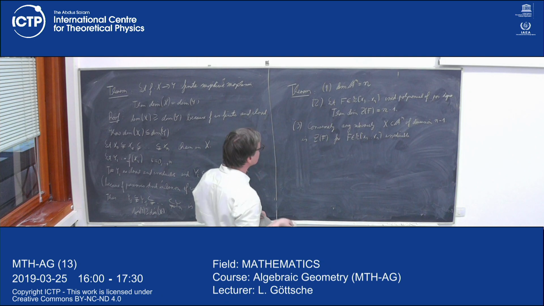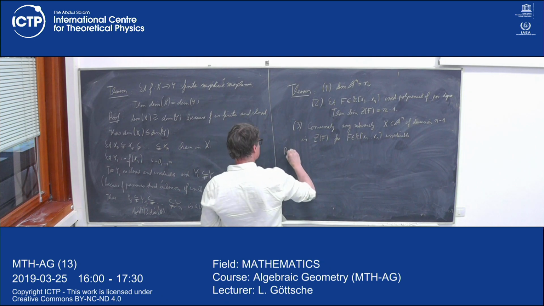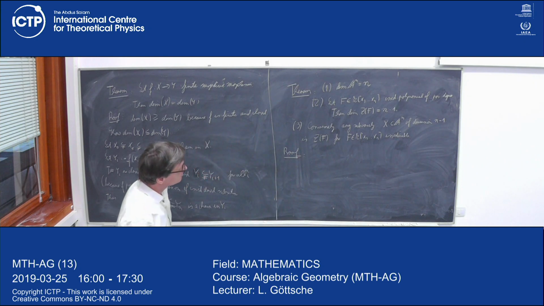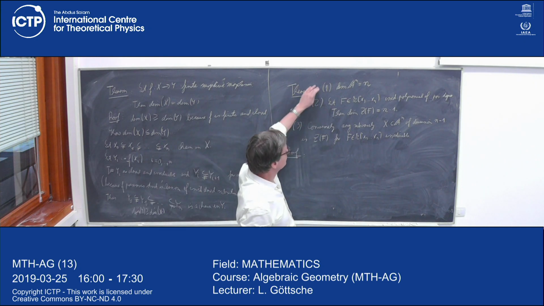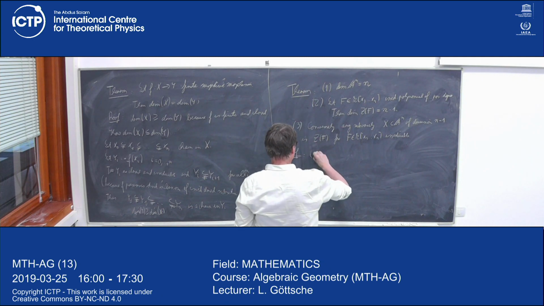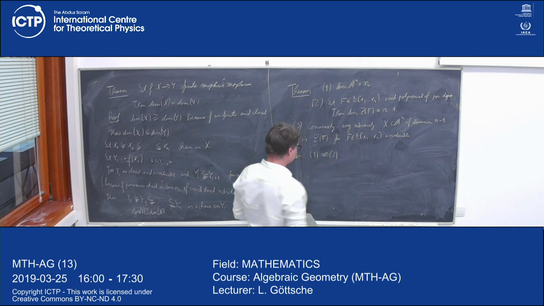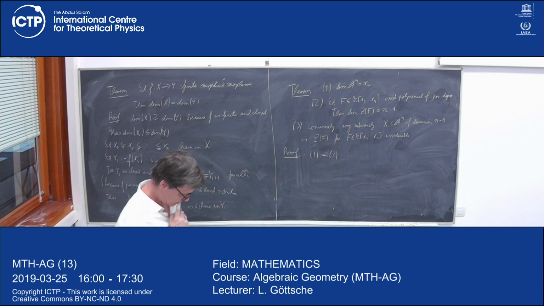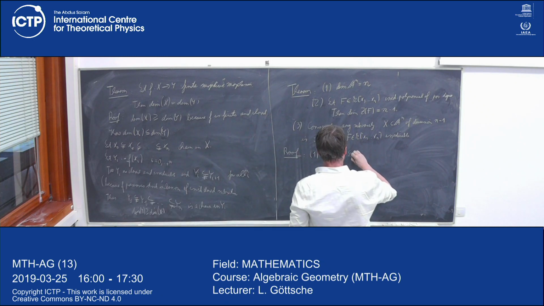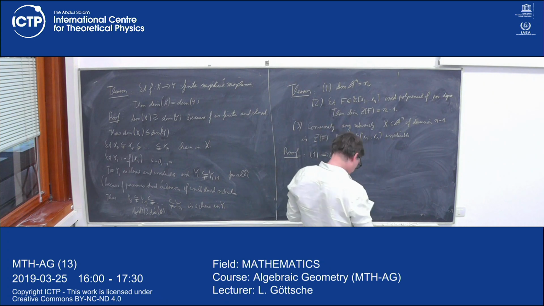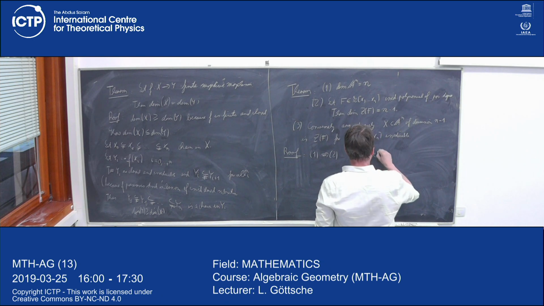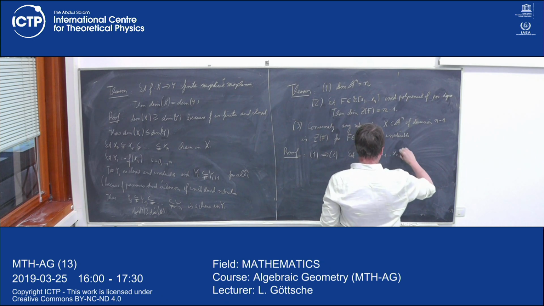Okay, so this is a little bit tricky, so let's see. First, we want to see that if we know 1, we know 2. That's easy. But we will need it later. So let's take f, an irreducible polynomial.